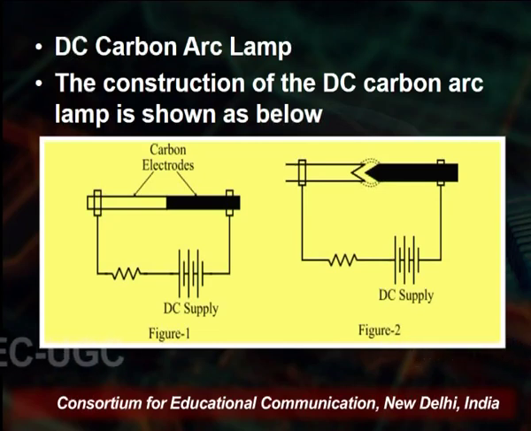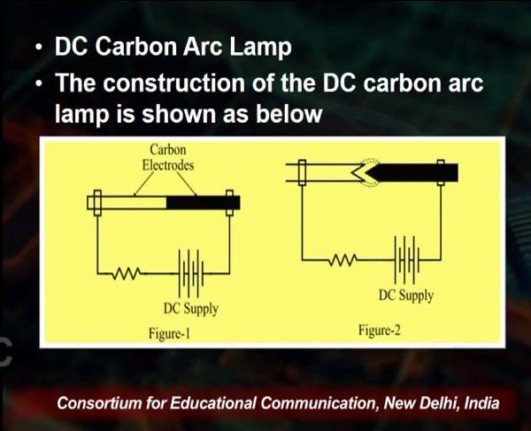Because of the transfer of carbon particles, the positive electrode after some time becomes hollow and the negative electrode becomes like a pointed pencil, as shown in the figure. Now you see, on the left and right hand side we have a pointed electrode, and here the arc is produced.